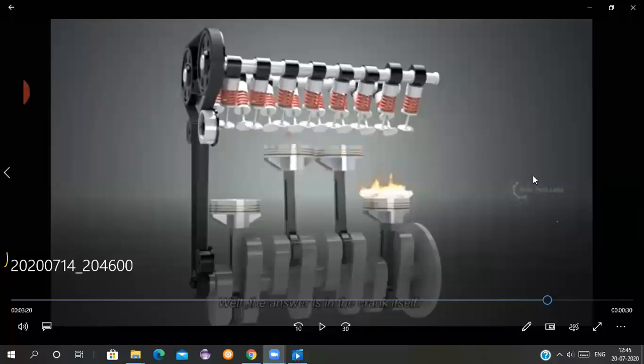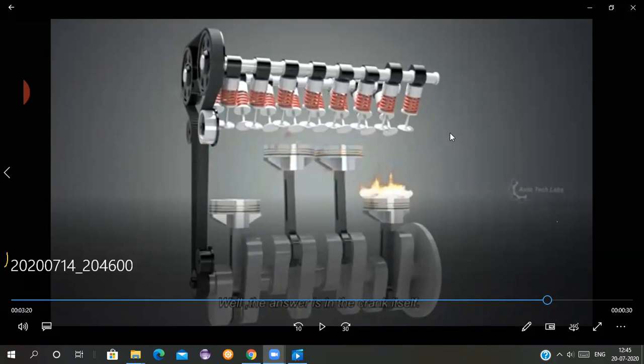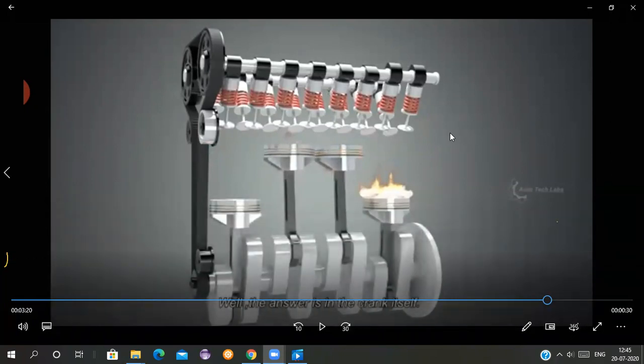Any more questions? Yes, as power gets delivered once every 2 rotations of the crankshaft, it is less powerful compared to a 2 stroke. Yes, a 4 stroke engine is less powerful than a 2 stroke. But 2 stroke engines are used only in high speed engines.